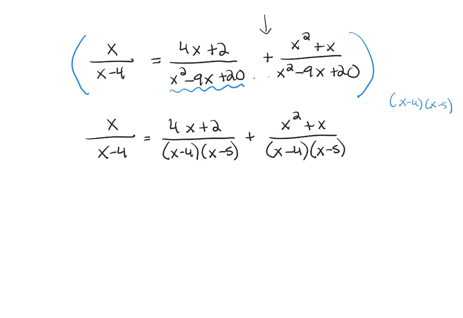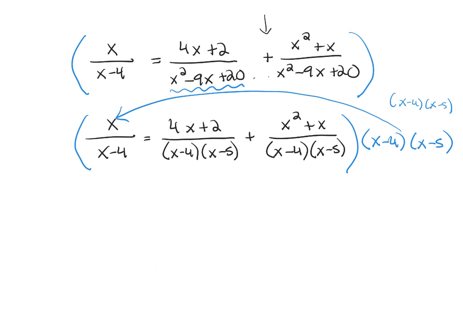And if you look at your denominators now, I can multiply each term by x minus 4 and x minus 5. So if you multiply both of these binomials all the way over here, the x minus 4s will cancel, but I still have x, and then I'll have an x minus 5 on that term.